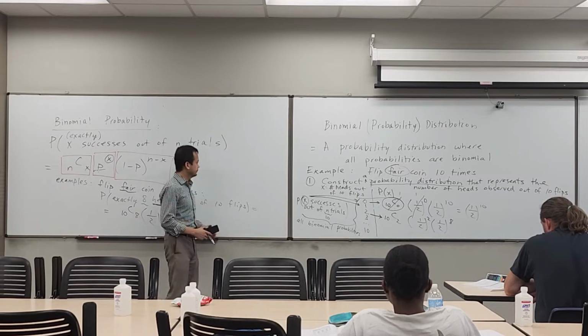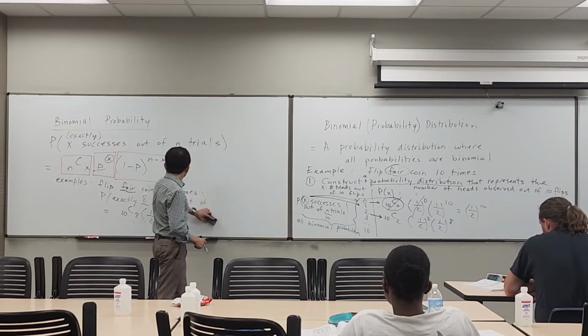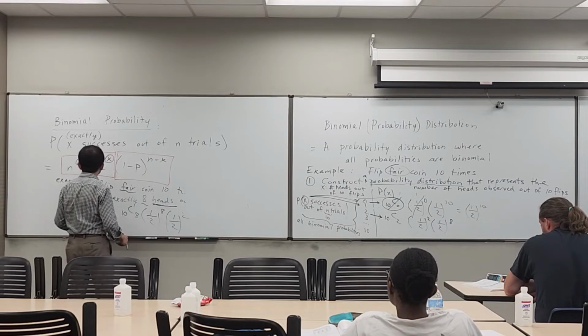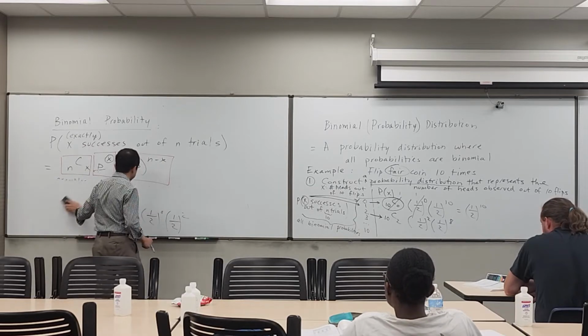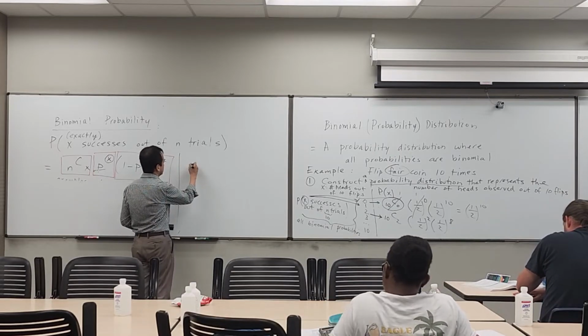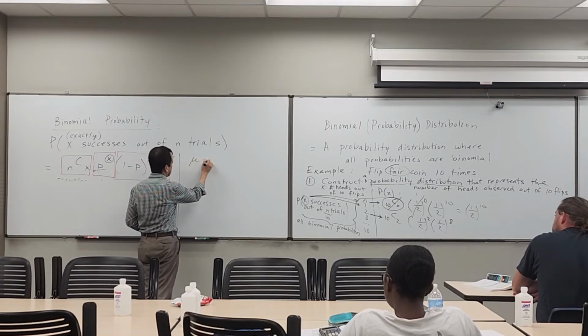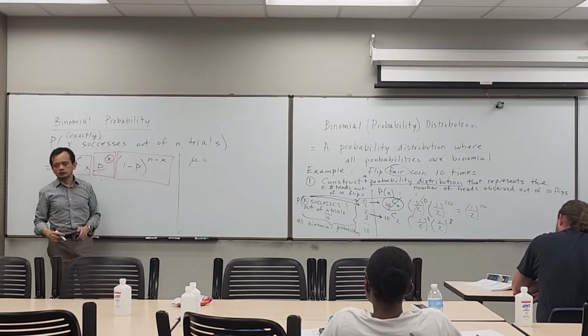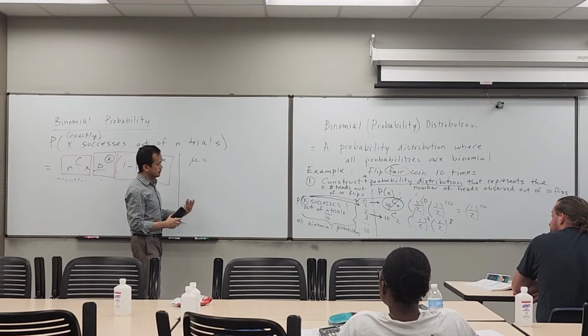Okay, so once we recognize that we have a binomial probability distribution, which is a special case of a probability distribution, let's talk about the mean and the standard deviation. So let's talk about mean intuitively.